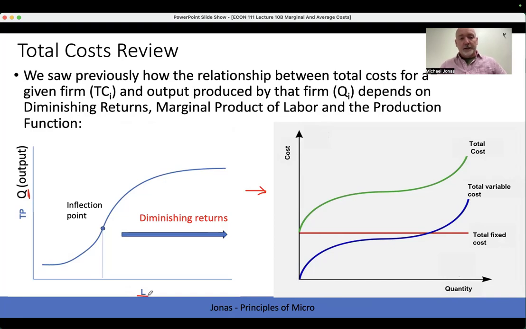At the inflection point, production goes from increasing at an increasing rate, when we get gains from specialization and there's plenty of capital to go around, to flattening out.